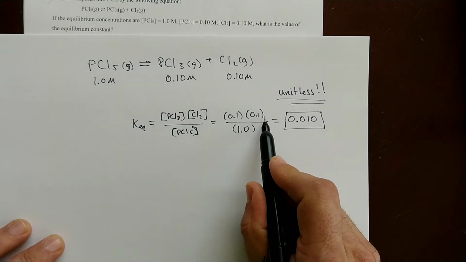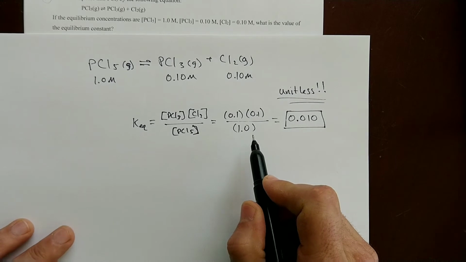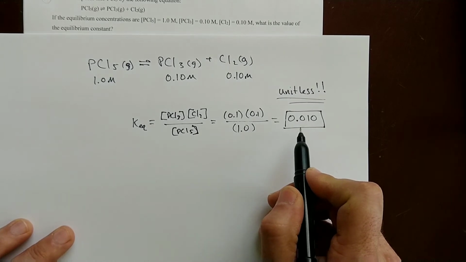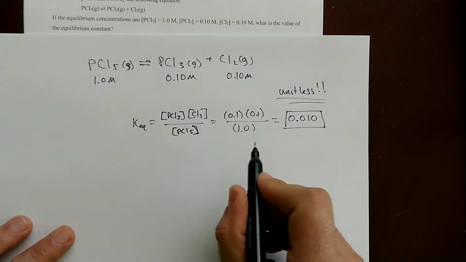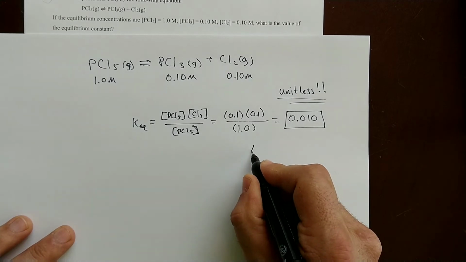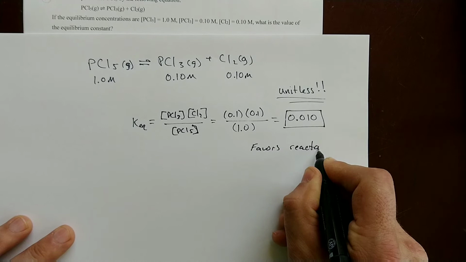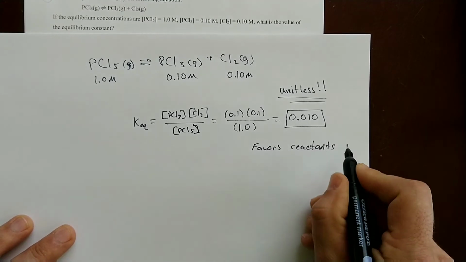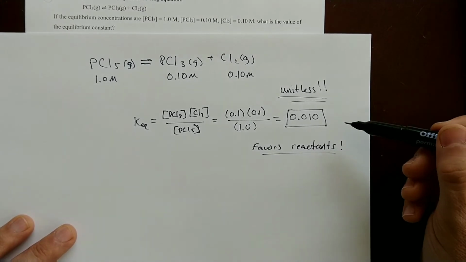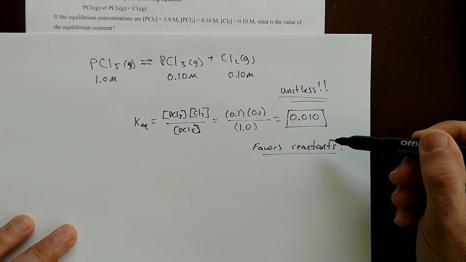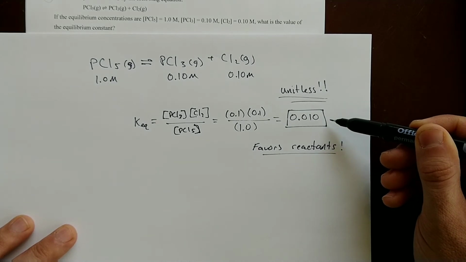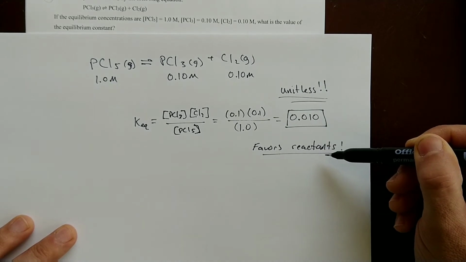Since we plugged in smaller numbers on top and bigger numbers on the bottom, this small, less than 1, equilibrium constant is for a reaction that favors reactants. So first off, you've sort of proven to yourself that a small equilibrium constant favors reactants.